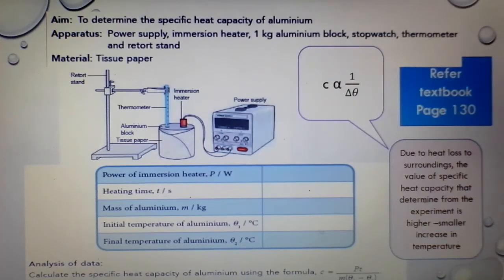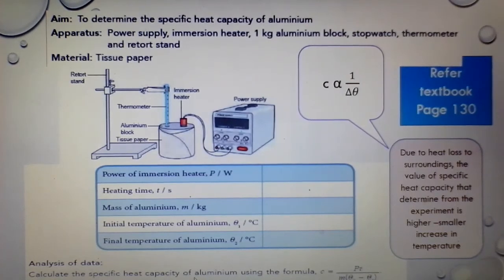Okay, from the table, we can calculate the specific heat capacity of aluminium using the formula C equivalent to Q divided by M delta theta. Amount of heat required Q equals PT, and delta theta is theta 2 minus theta 1. So we can calculate specific heat capacity of aluminium. So there are two activities for you all to determine specific heat capacity.